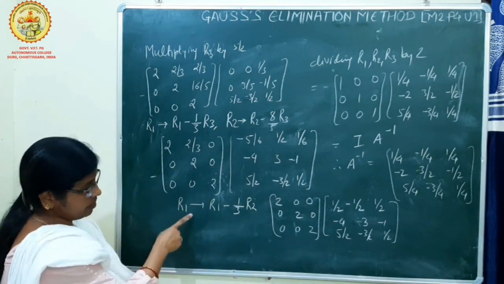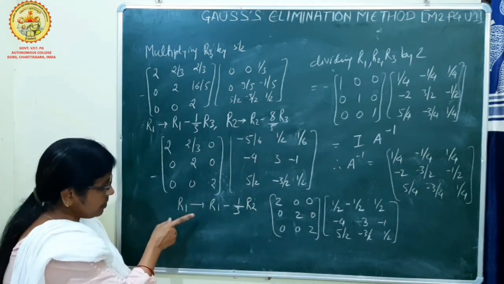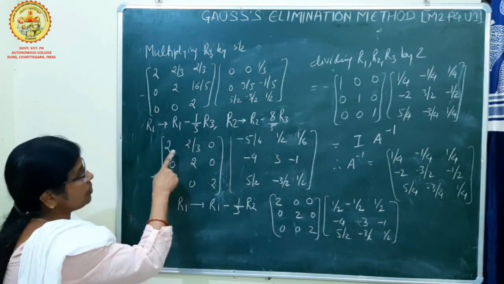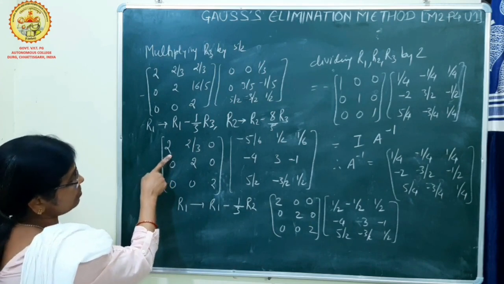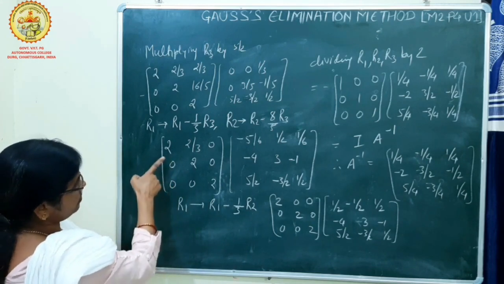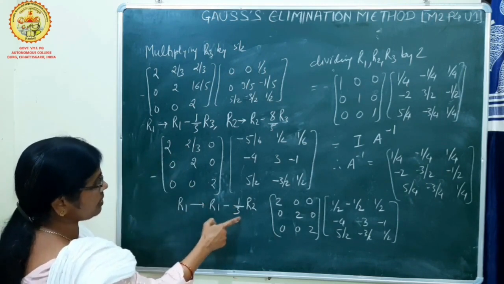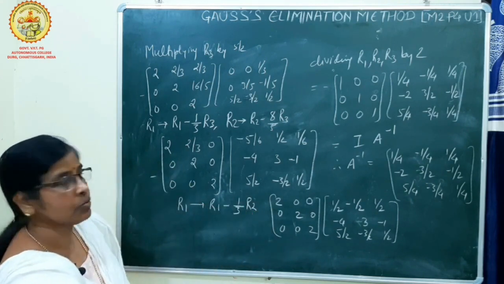Again performing a new operation, R1 minus 1 by 3 R2. This is R1 equal to 2 minus 1 by 3 R2 becomes 2.